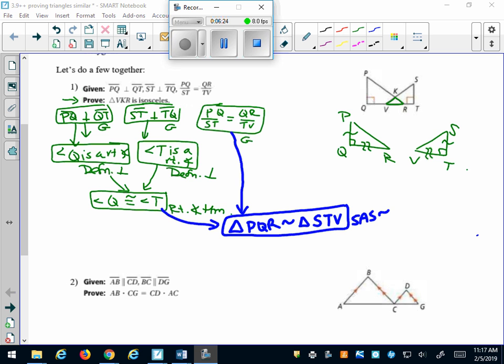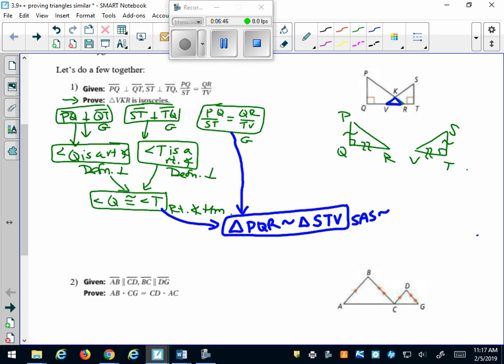So now we have a problem. We're trying to prove that this VKR triangle is isosceles. How could we possibly prove that that triangle is isosceles? What needs to be true for it to be isosceles?